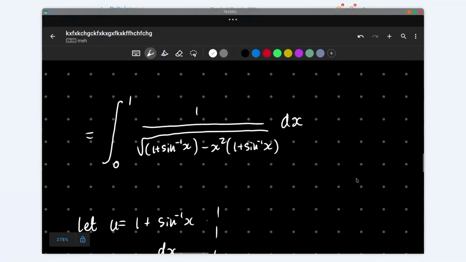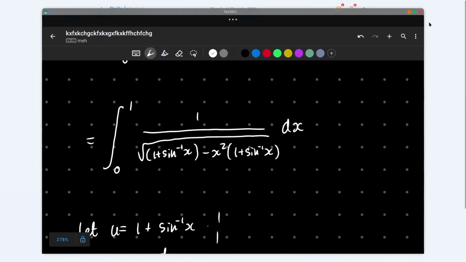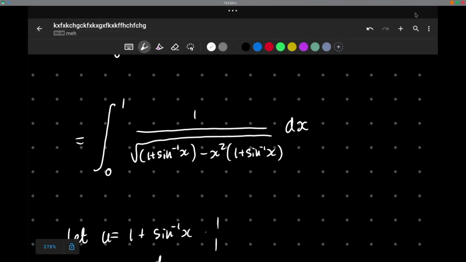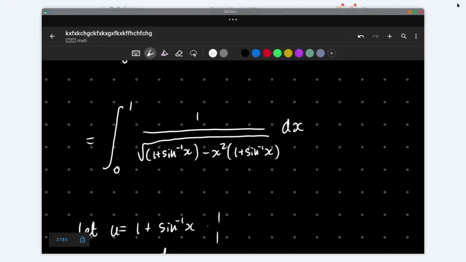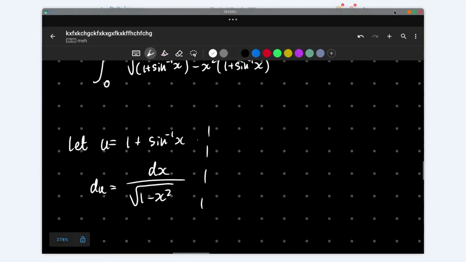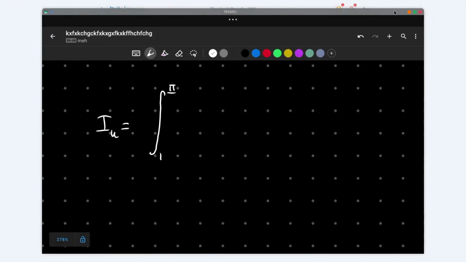Okay, interesting. Can I make this look nicer? I can. It looks the same. 1 to pi over 2. Square root of 1 minus x squared u, or u minus x squared u.